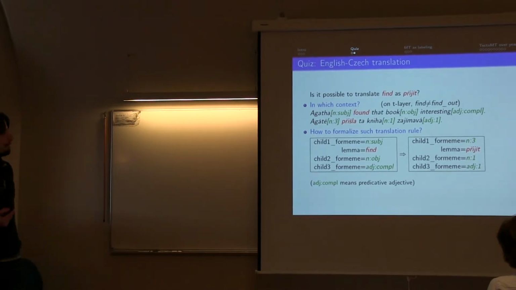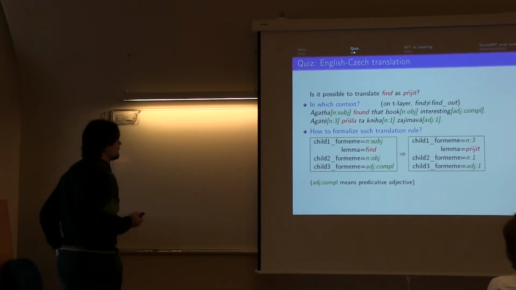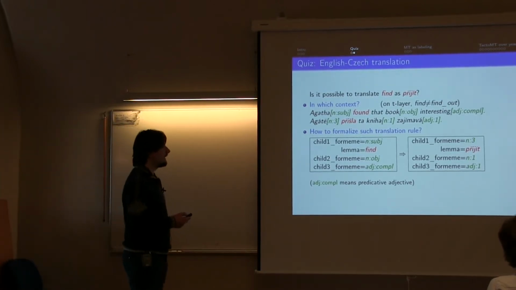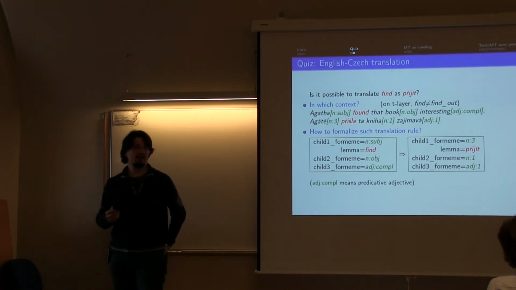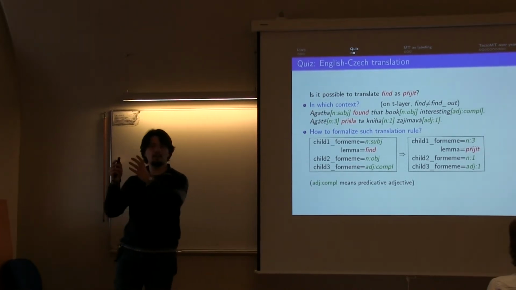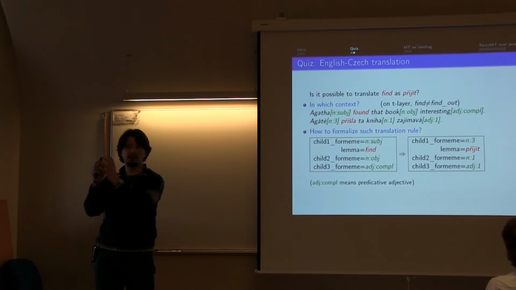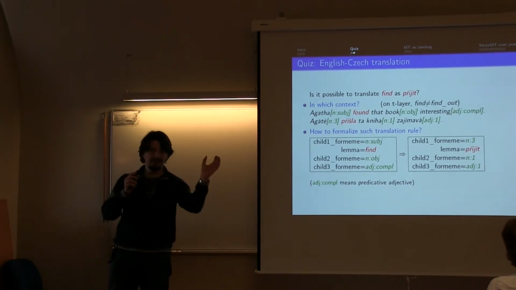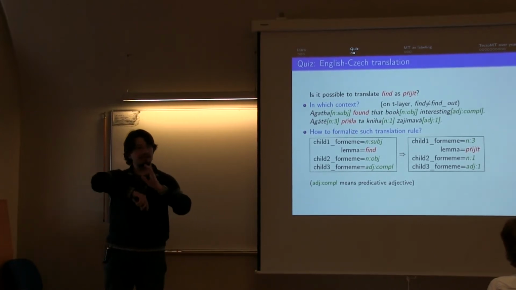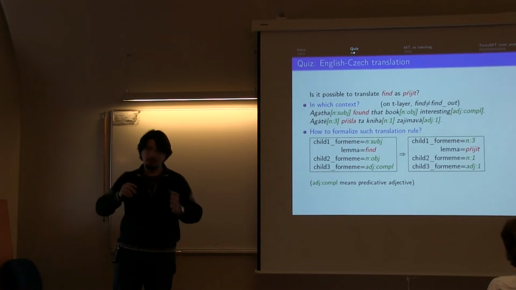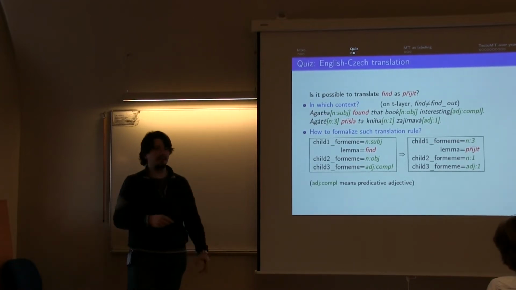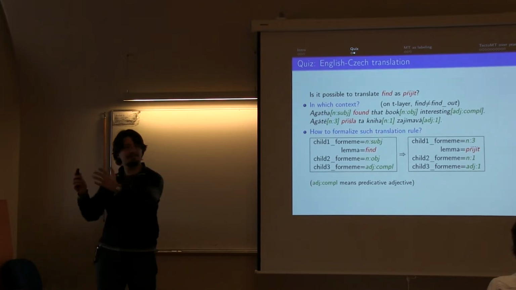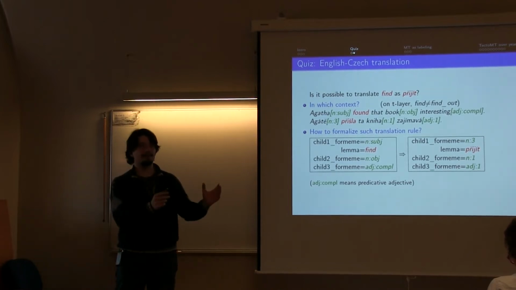So this is a motivating example for so-called treelet transfer, where I don't want to translate one tectogrammatical node or even just the lemma independently, but I want to select a bigger part of the tree, not the whole tree, but some part which is connected with dependency edges, and say this must be translated at once.